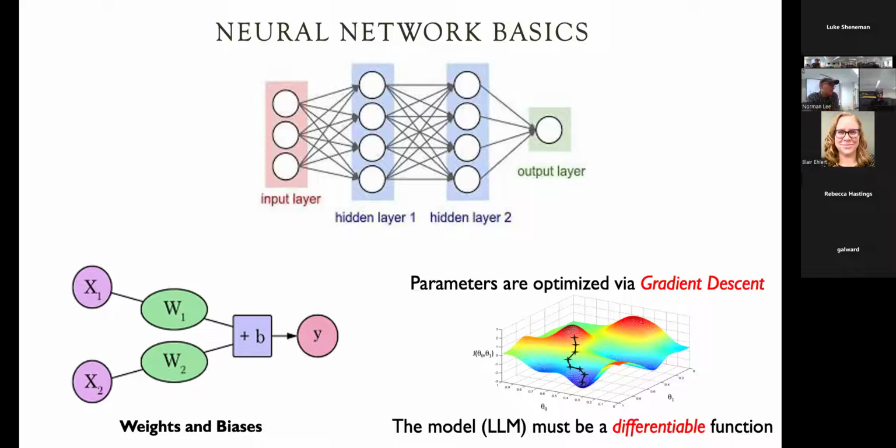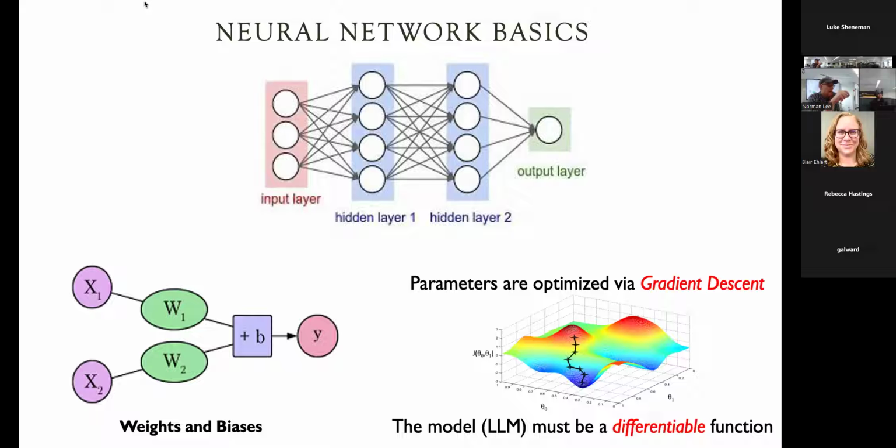In this case, you can see that the network itself is organized into layers. You have an input layer and an output layer, and in the middle you have some number of hidden layers. Another name for this kind of network is a fully connected neural network, and it's fully connected in the sense that every neuron is connected to all the neurons in the prior layer and all the neurons in the subsequent layer. Every edge, the thing that connects the neurons, has associated with it what we call a weight.